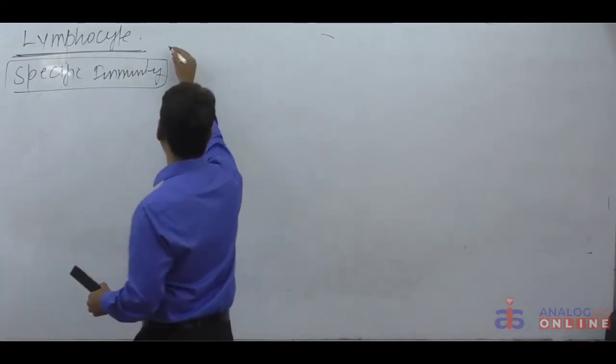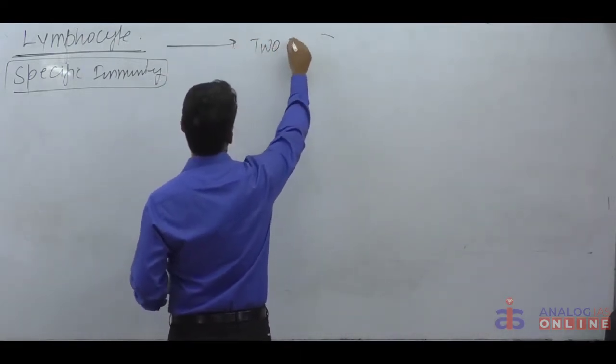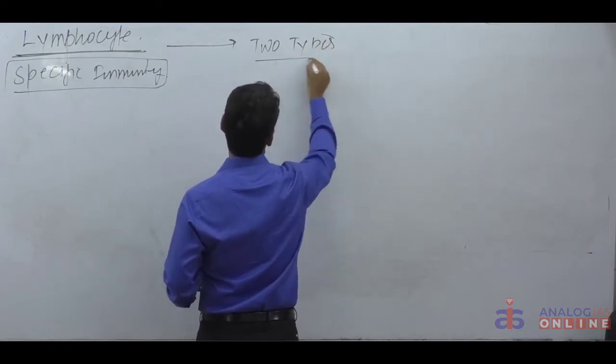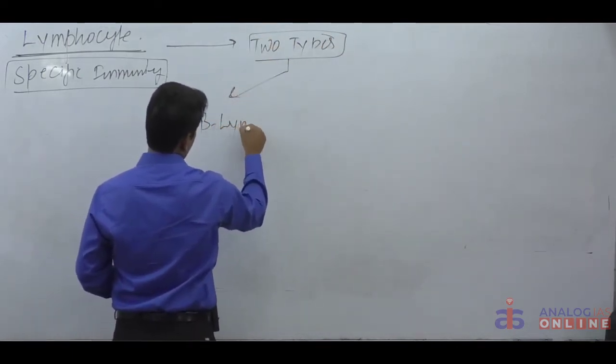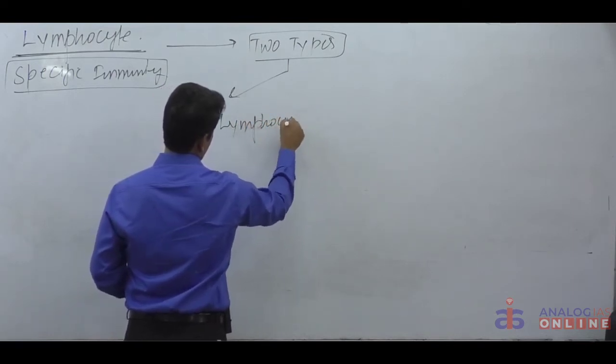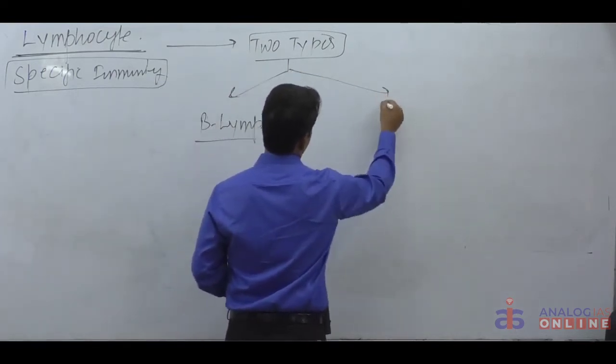And lymphocyte can be of two types. One is called B lymphocyte. Another is called T lymphocyte.